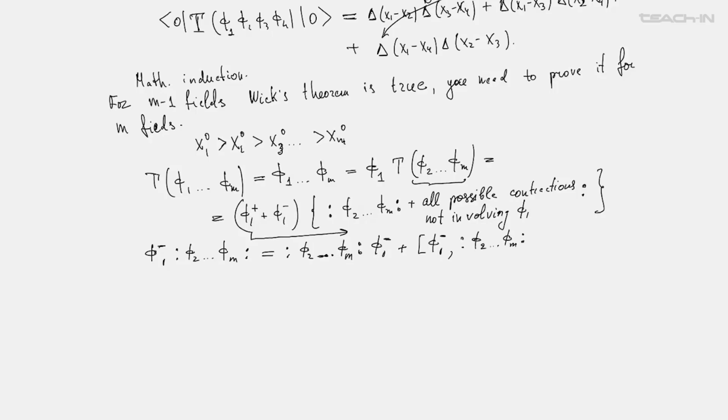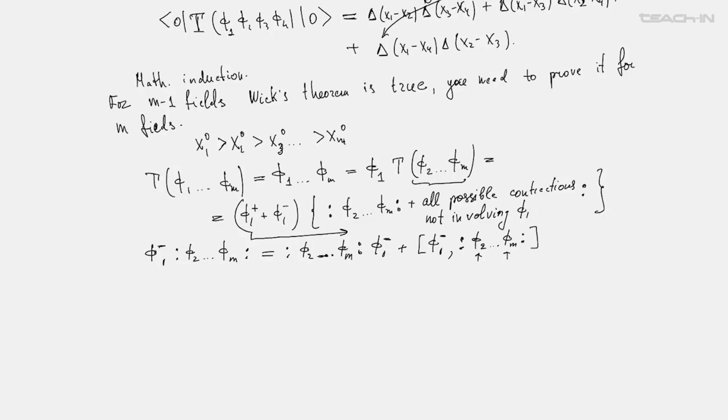So for the moment, I have not done anything. This is an identity. And then in each of these fields, you have a creation operator. And they will always be standing to the left. But under the normal ordered product, that does not matter. I can put them in the original order as they sit in the fields phi 2 and phi m.